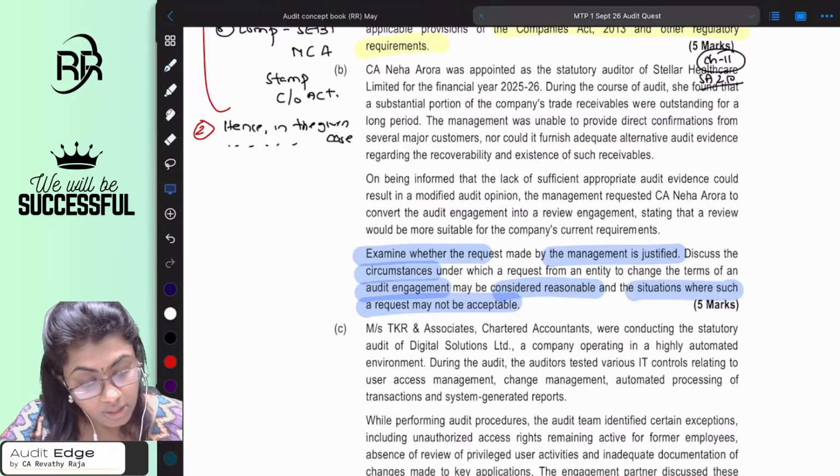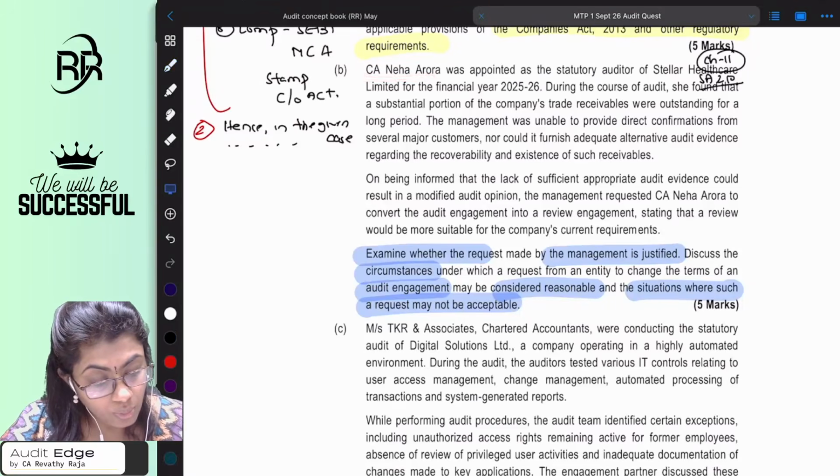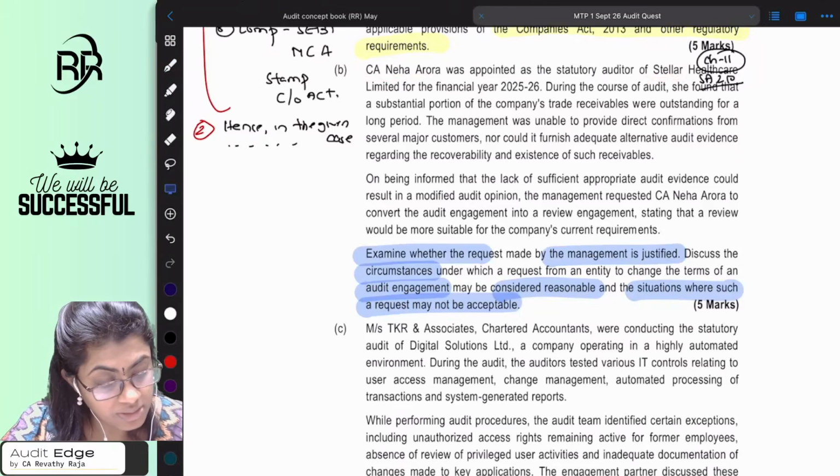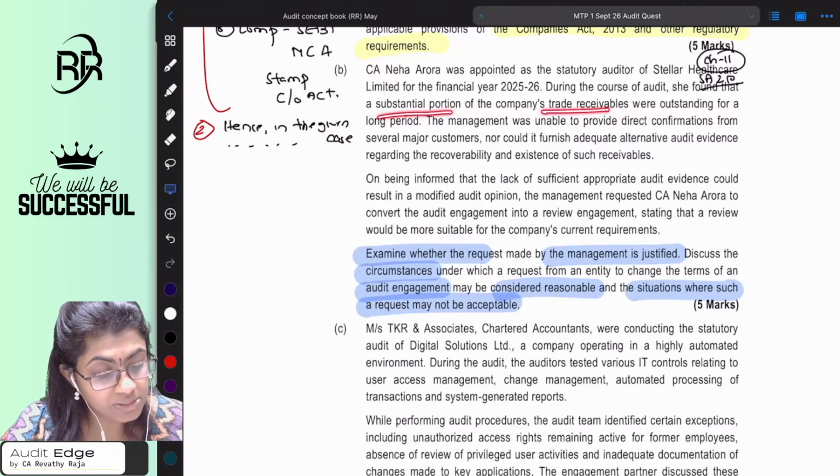So let's read. CA Neha Arora was appointed as the auditor of Stellar Healthcare Limited. During the course of audit, she found a substantial portion of the company's trade receivables were outstanding for a long period. Management was unable to provide direct confirmation from several major customers, nor could it furnish alternative audit evidence.